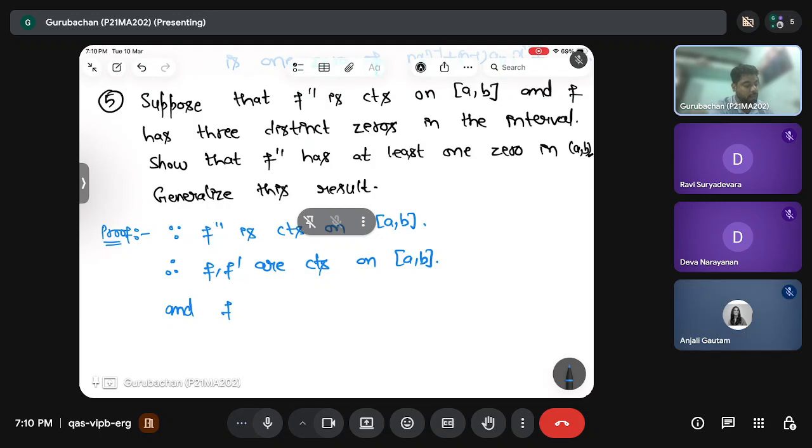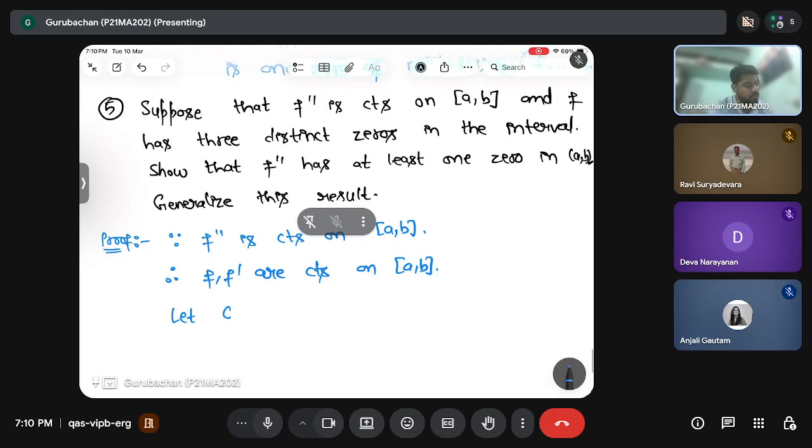So let c1, c2, c3 be zeros of f. That is, f(c1) is 0, equal to f(c2), equal to f(c3).